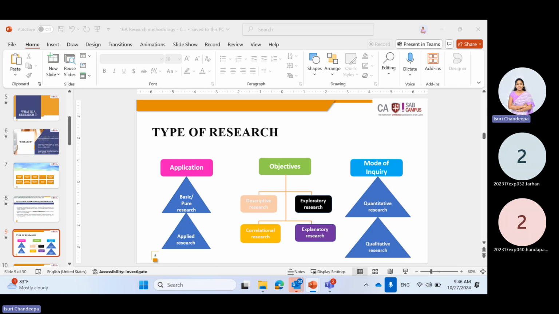The first one, based on the application, you can identify the two types of research called the basic and the applied research. What do you mean by applied? We start with applied. You are following the applied degree program. Applied management, accounting. What do you mean by the applied?